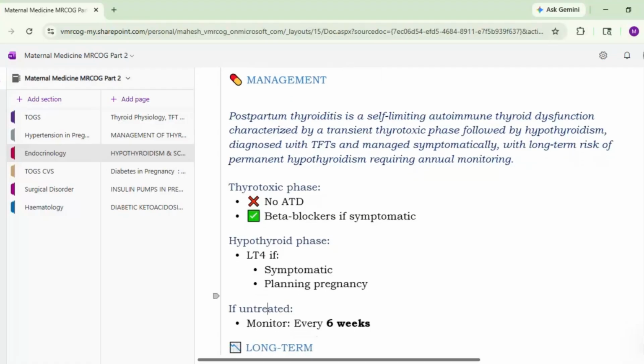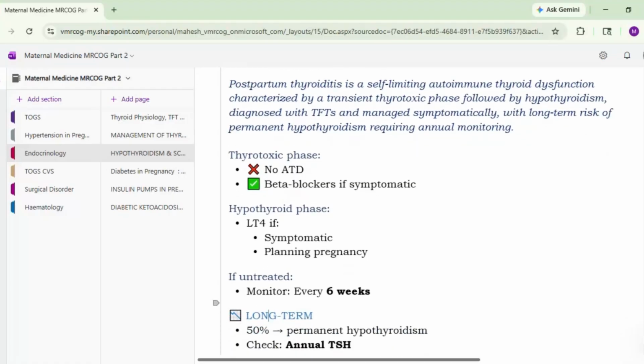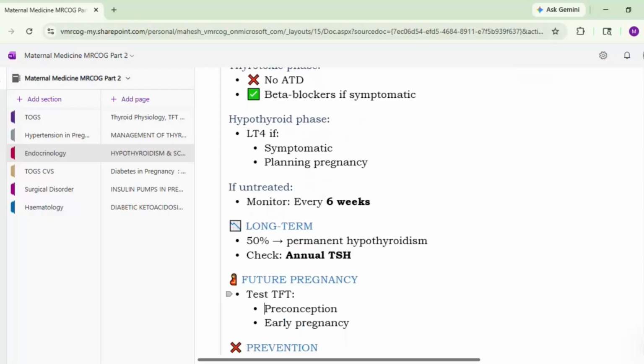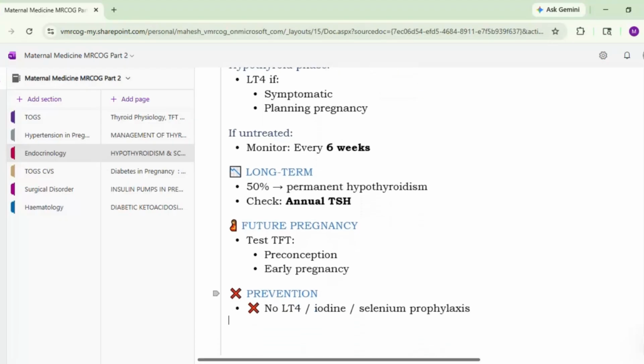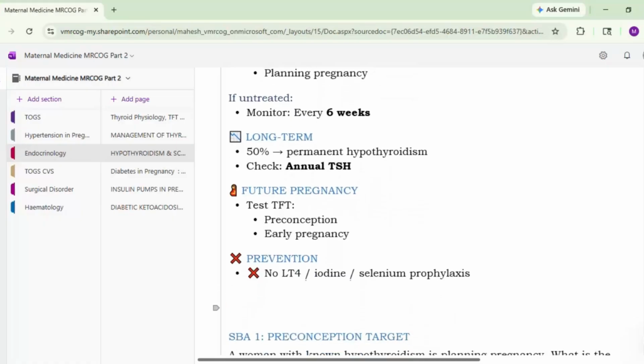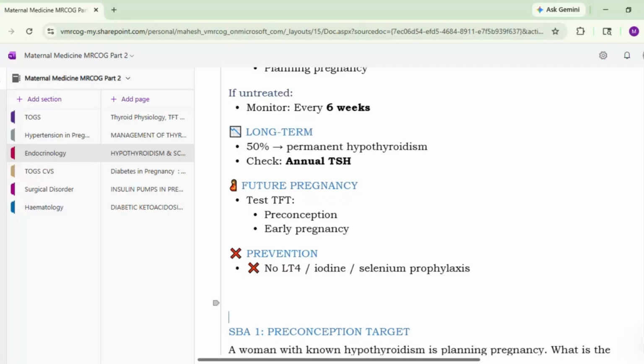If she is not treated, then monitor her every 6 weeks. Long term, what is the risk? 50% will develop permanent hypothyroidism, and you need to check the annual TSH in these patients. For a future pregnancy, you will check the TFTs preconception and in early pregnancy. For prevention, there is no role for LT4, iodine or selenium prophylaxis.